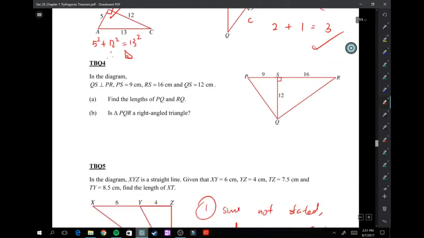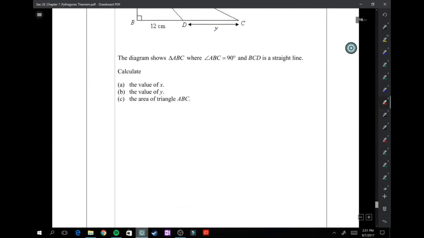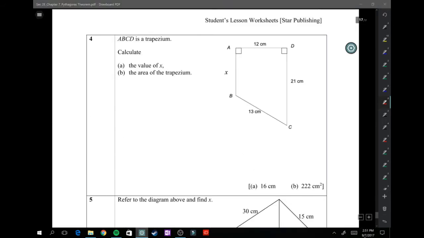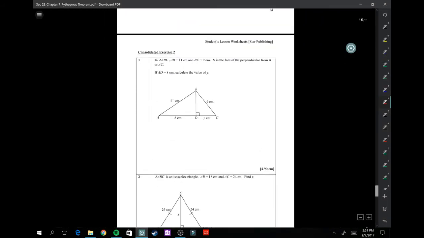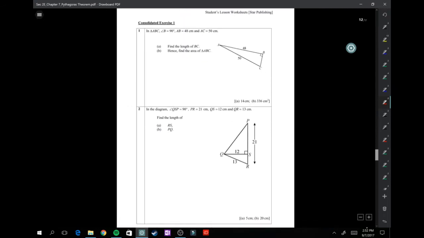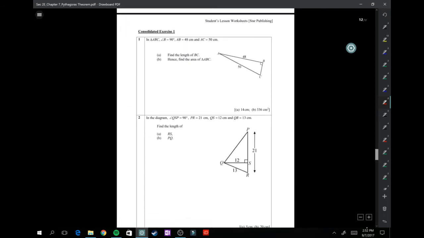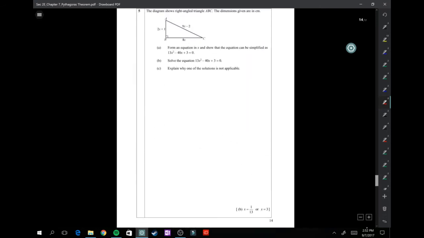Okay, let's continue on. I want to finish up one of the consolidation exercises. Sorry, hold on. For consolidation exercise 1, pages 12, 13 and 14, the answers are given.